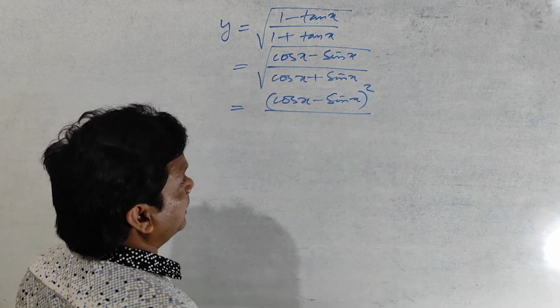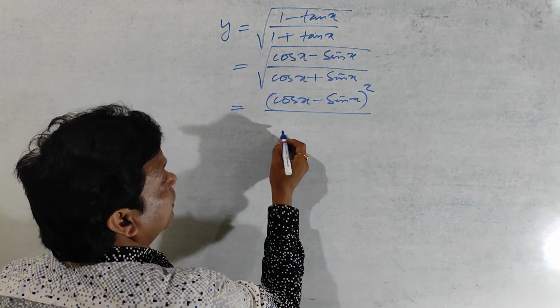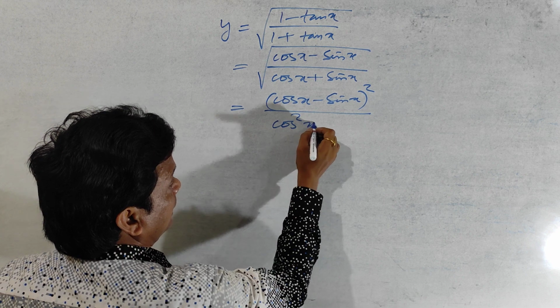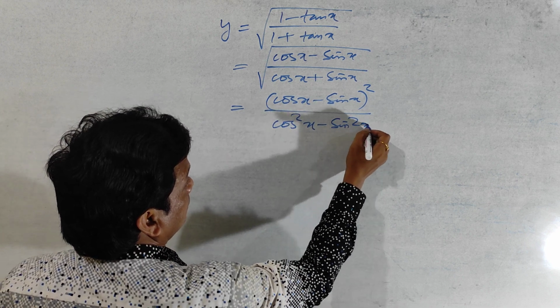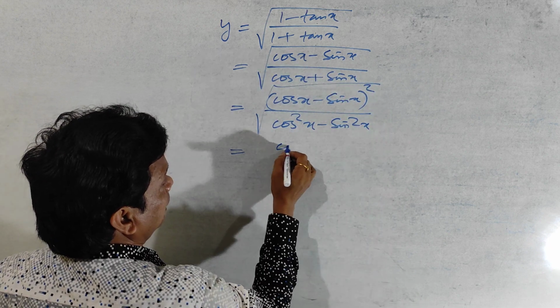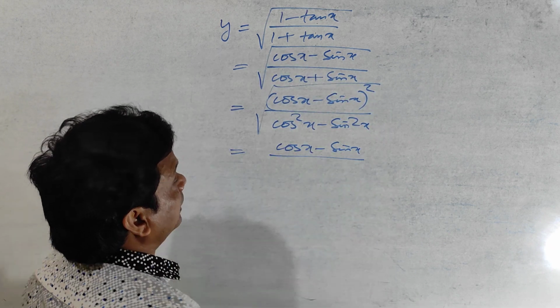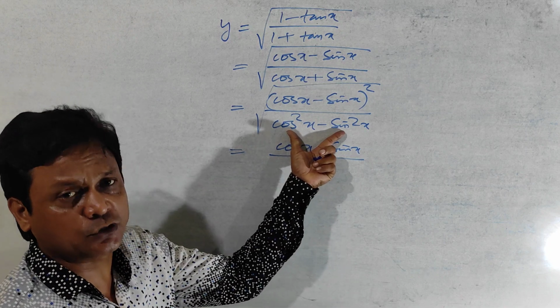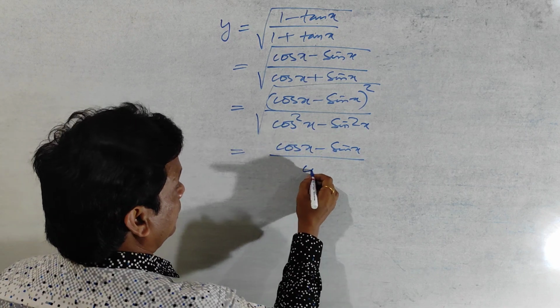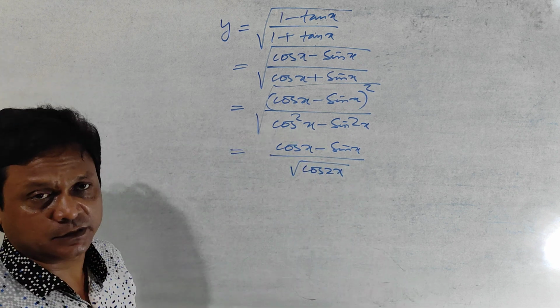I am multiplying cos x minus sin x in the numerator and denominator. So that denominator will become a plus b into a minus b, a square minus b square, cos square x minus sin square x, whole root over. And now square root over cancels out in the numerator. So it will be cos x minus sin x divided by, and this is cos square x minus sin square x is cos 2x, so root over of cos 2x. Then apply chain rule, you get the answer.